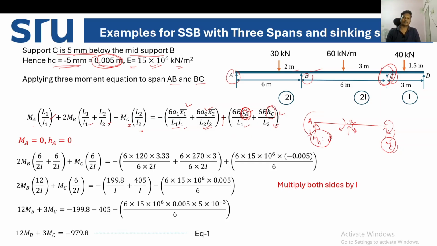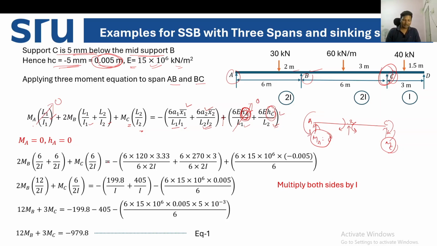So these two terms will be 0: MA is 0, so MA into L1 by I1 will be 0, and HA will be 0, so 6E HA by L1 will be 0.